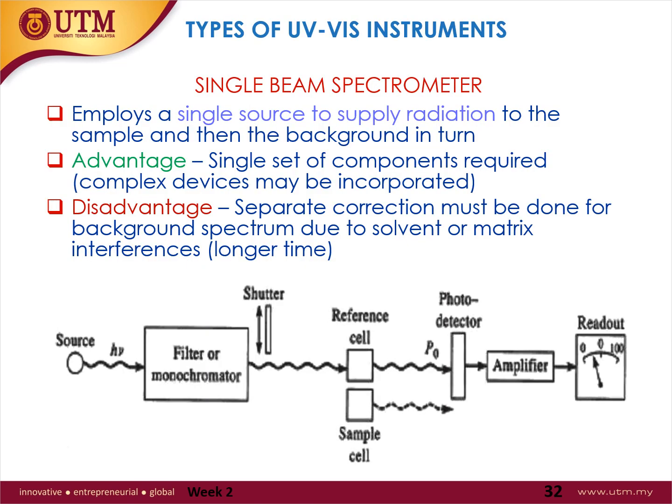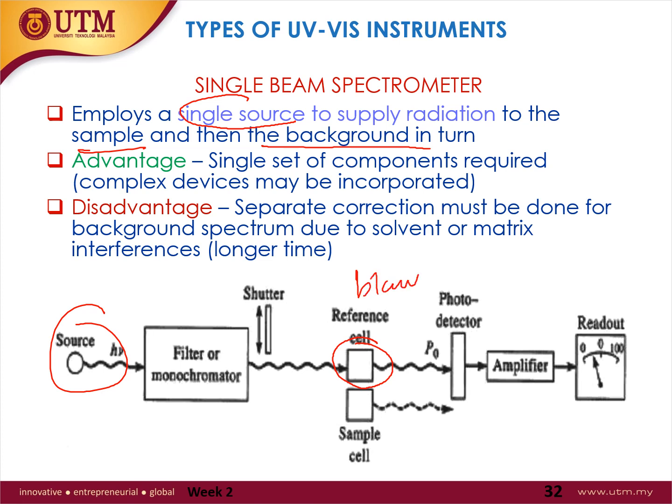Okay, single beam spectrometer, it employs a single source, satu source je kat sini, to supply radiation to the sample and to the background. Bila kita nak buat UV visible analysis, we have to put a reference cell. What is reference cell? Means that the same cuvette that you use for sample, but you put your blank.